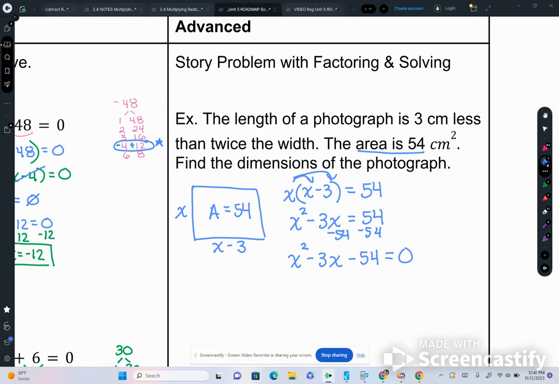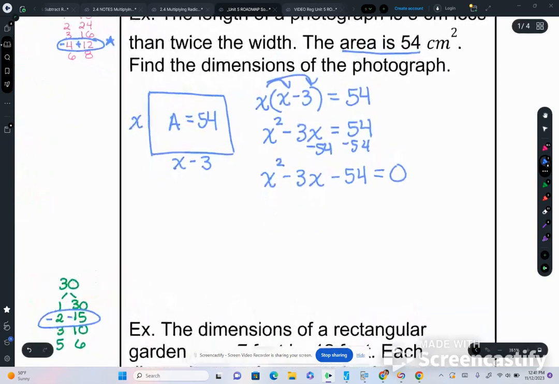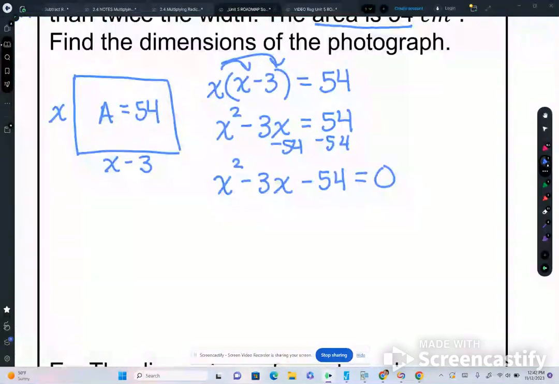And now we're back to where we were in the last section, which is we're going to factor. So we're going to go 1 times negative 54 gives us negative 54. Our factors of 54 are 1 times 54, 2 times 27, 3 times 18, and then 6 times 9.